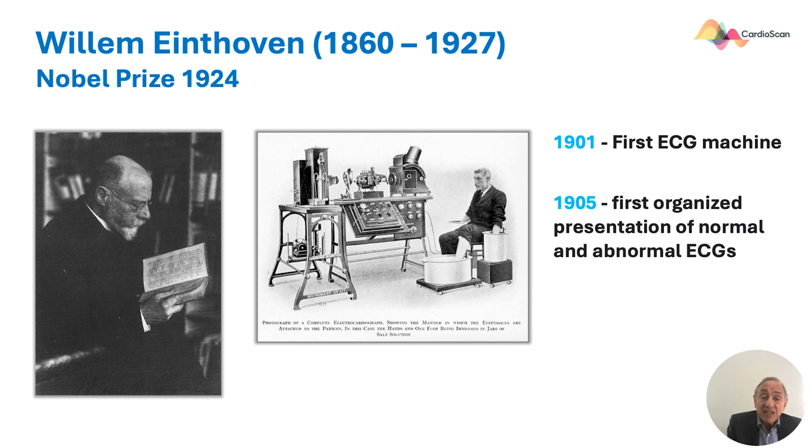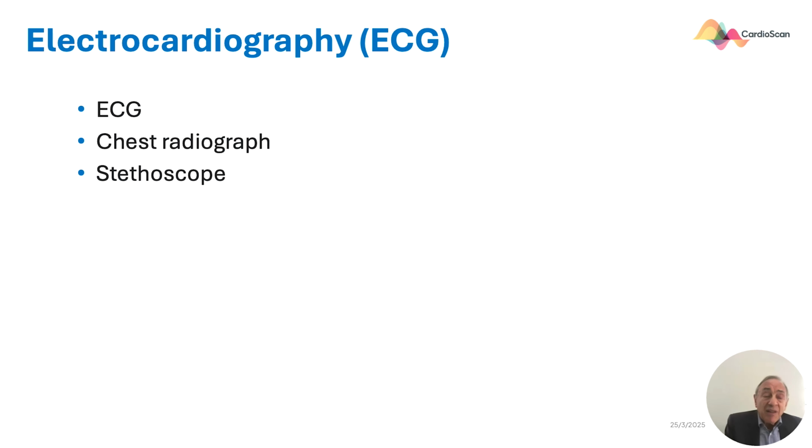As you can see on the slide, the machine was very cumbersome and the patient had the legs in buckets of saline water. At that time, we now had ECGs, chest radiographs, and of course the stethoscope. And they remain the main investigations that cardiologists used right up into about 1970, when I first became a cardiologist in training.